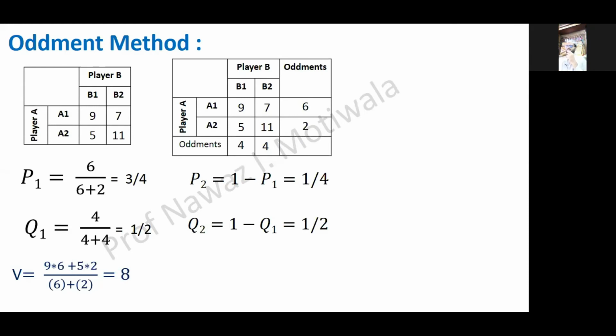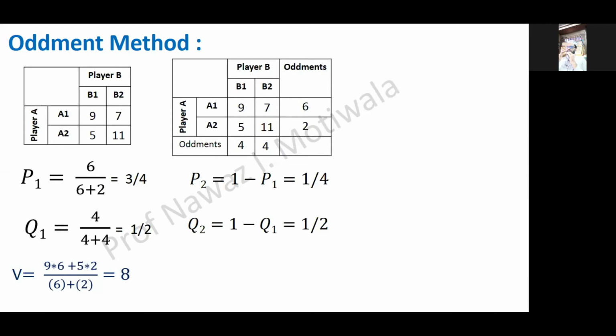If you see this example in A1, the oddments are 6. That means that out of total parts, that is 8, 6 parts belong to A1. Or I can in other words say that the probability of A1 will be 6 times out of 8. Hence, we also wrote in the answer as probability equal to 6, the amount of times A1 will appear, divided by 6 plus 2, that is 8.